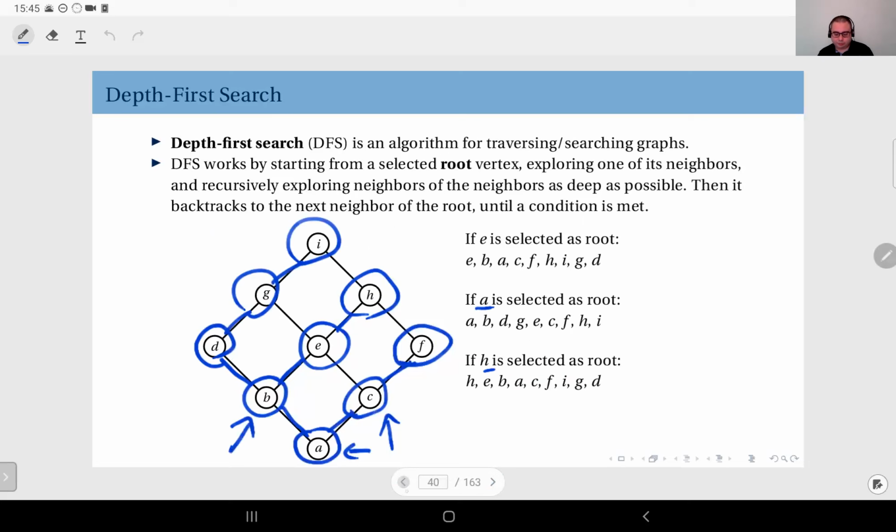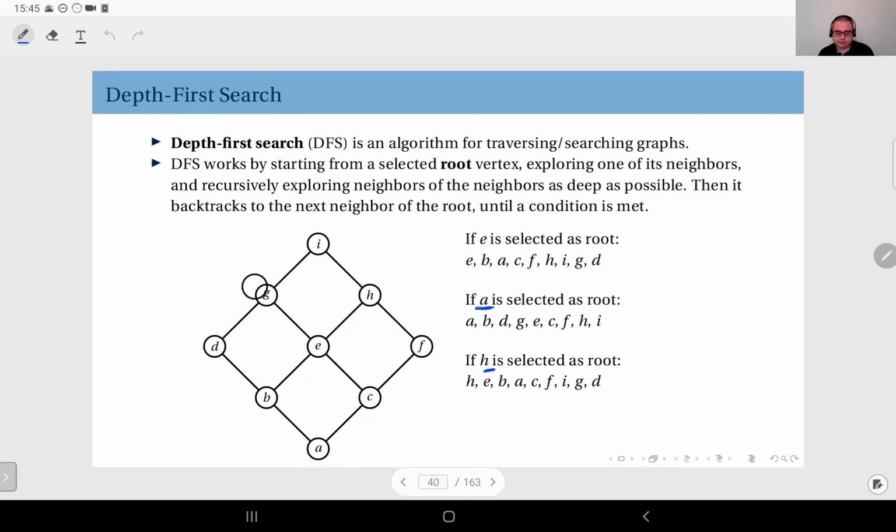Okay, so let me also show you, if you select randomly, for instance, start from I as the root, and then G and H. Let's say I'm just selecting the next neighbor randomly.